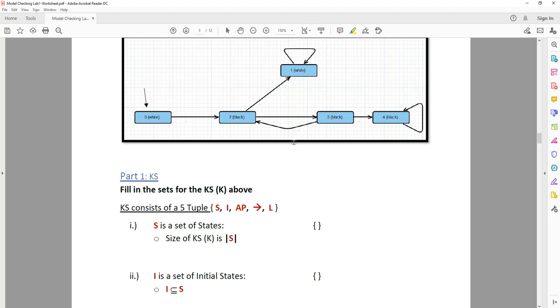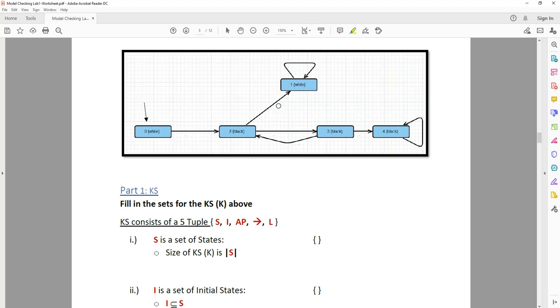It's either or. It's not related to an action as it was in the label transition system. Remember in the label transition system in our previous video, we had A and we had B to determine where we're going to go based on our action. Now we don't have these. Now we just transition freely.